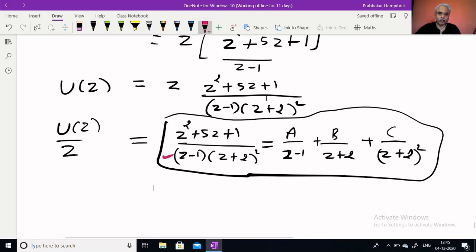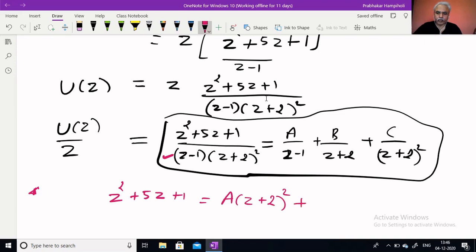What do I get? Equation star: z²+5z+1 equals A(z+2)² plus B(z−1)(z+2) plus C(z−1).